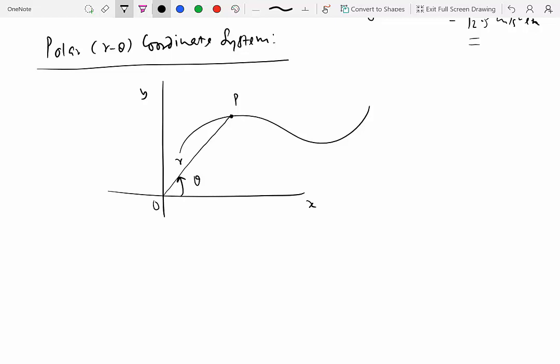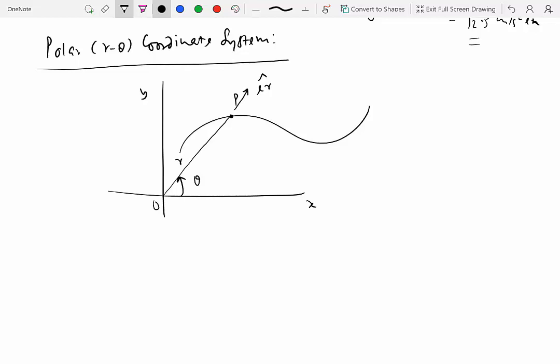But theta always has to be in the increasing theta direction, so that has to be the positive theta direction. When we do this, we also pick two unit vectors. One we will call er hat, a unit vector that points radially outward from the origin O, so er hat is the direction in which r increases.